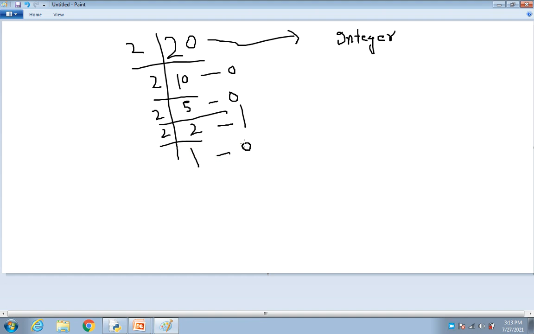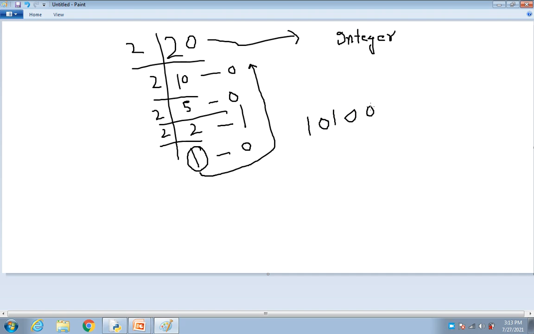But we will write it in this way: first the last remainder 1 will be written, then the rest. That means we write 1, then 0, then 1, then again 0 and 0. This method is known as the division method.